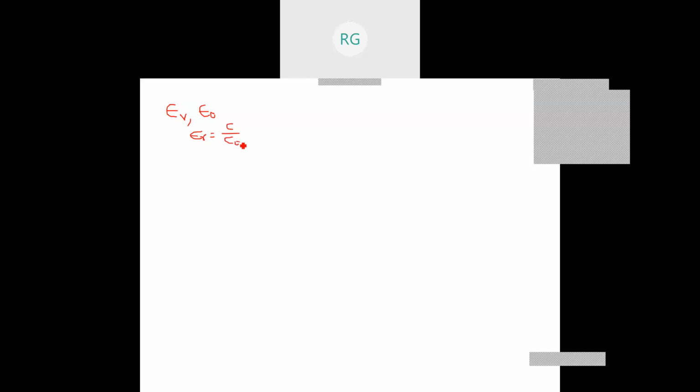And epsilon is simply equal to epsilon naught times epsilon r. These are permittivities, and we also call it the dielectric constant. Dielectric constant is a dimensionless quantity. It is always greater than 1 because the capacitance of the capacitor with dielectric is higher than the capacitance of the capacitor with no dielectric.